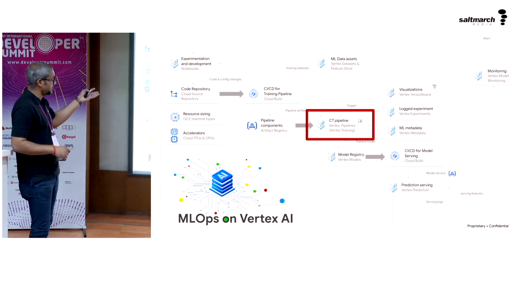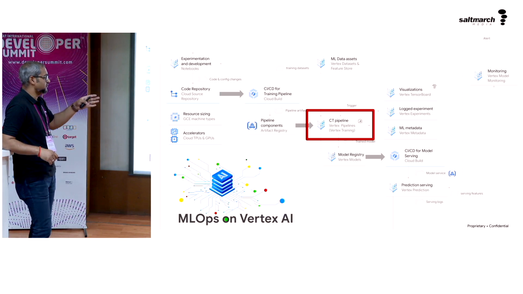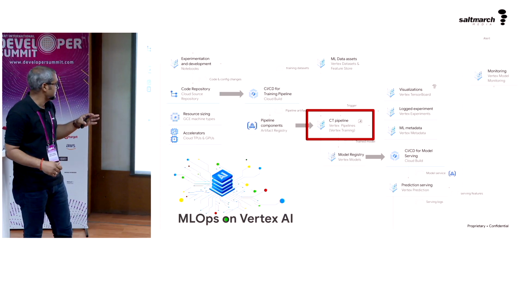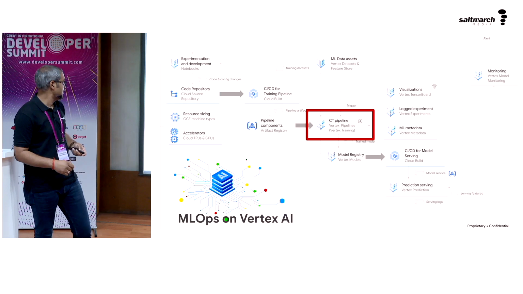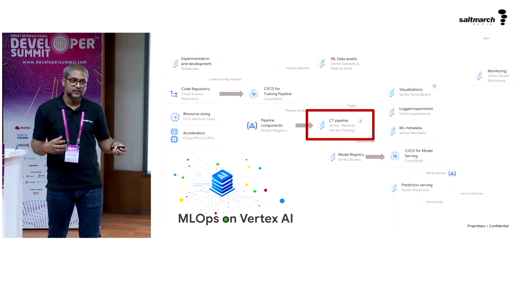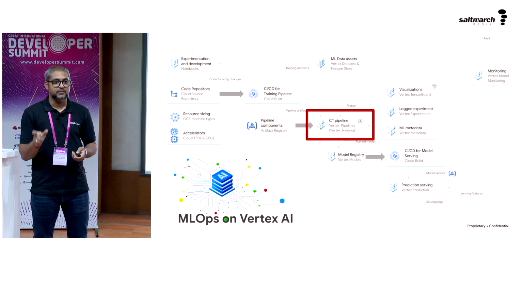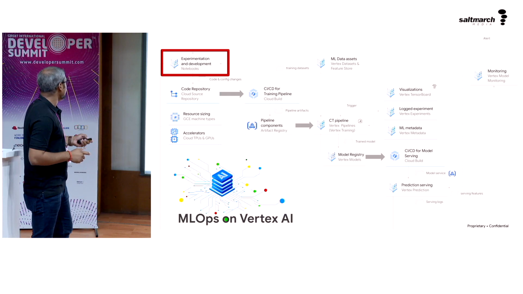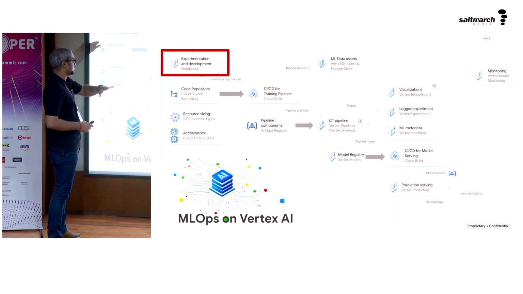So if you have created a pipeline, you can deploy and use other elements from different frameworks as well. It's not necessary that it has to be Vertex AI frameworks or solutions only. So Vertex AI pipeline provides the complete ML workflow, or the building blocks of that ML pipeline that needs to be created. Just at a high level, I want to quickly walk you through that complete process.